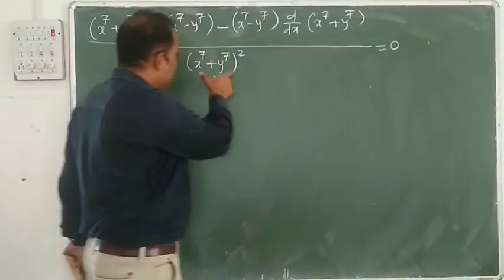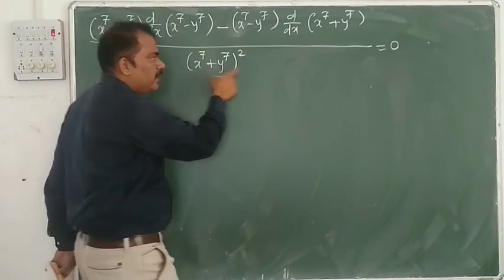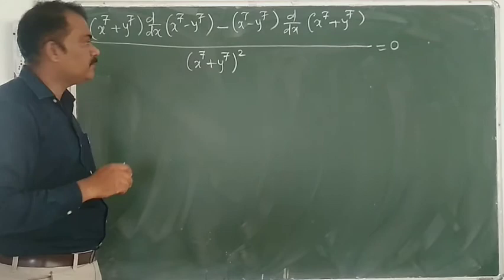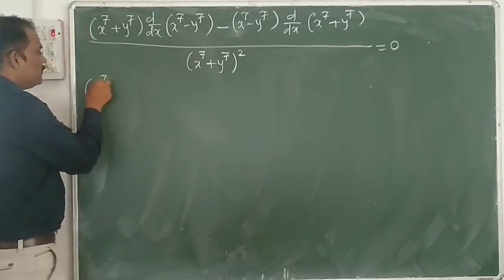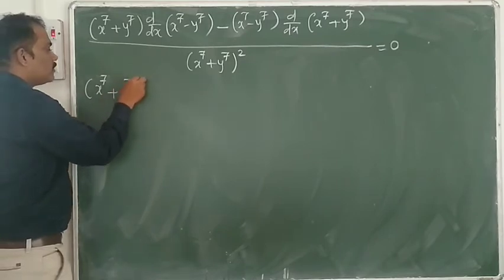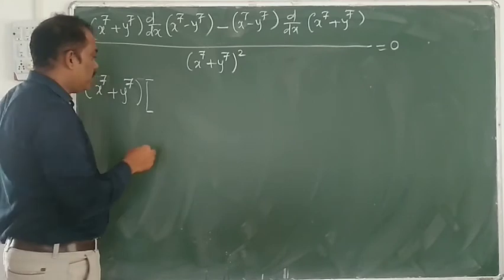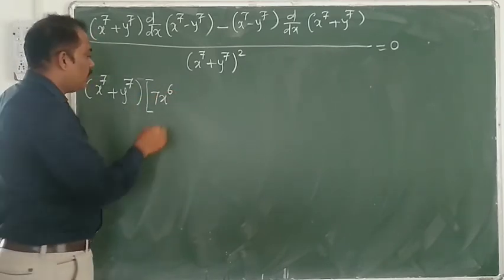Now we have to transfer this denominator to the RHS. This bracket square into 0 becomes 0, so the RHS as it is becomes 0. Now we have to take the derivative of this numerator, that is (x^7 + y^7) into bracket. What is the derivative of x^7? 7 times x^6, by using the power function formula.